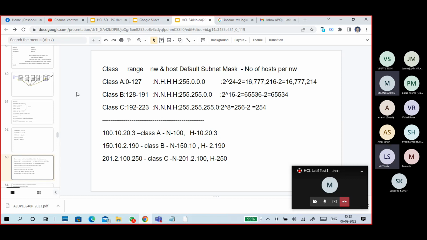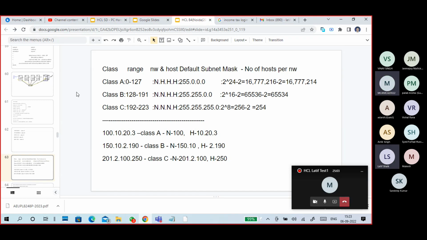So what we are doing: an IP address is a logical addressing. We divide a network in a logical way, into a network portion and a host portion.